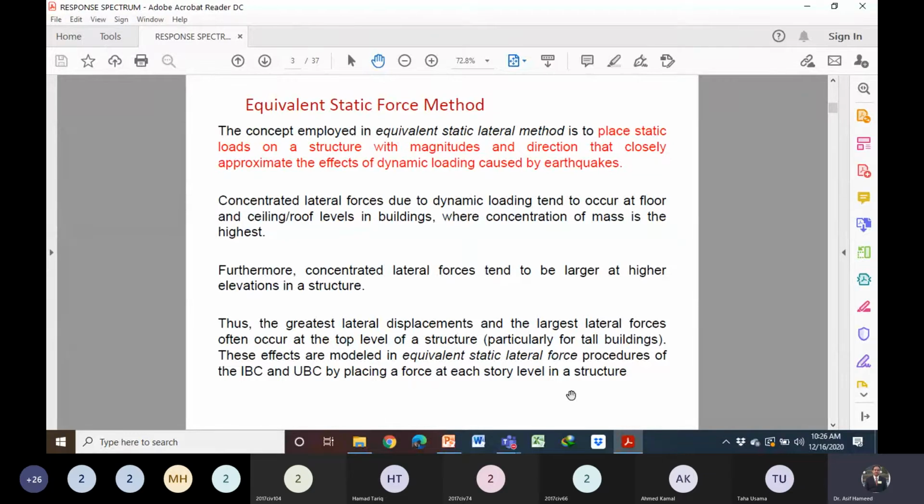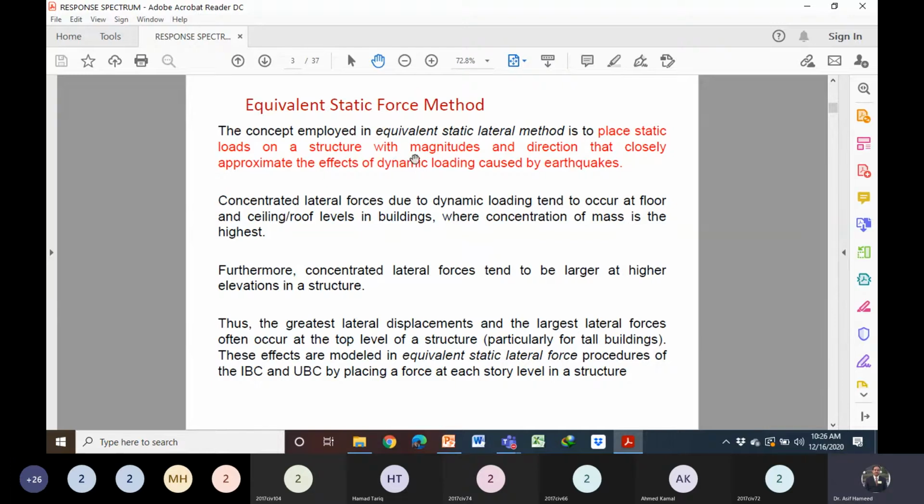What is the concept of the lateral static force method or the equivalent static force method? In this method, we place static loads on the structure with a magnitude and direction that closely approximate the effect of the dynamic loading caused by the earthquake.